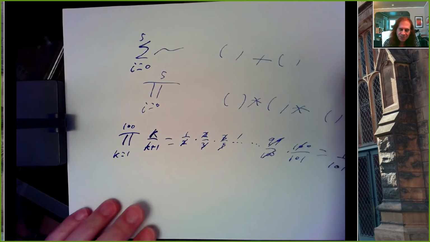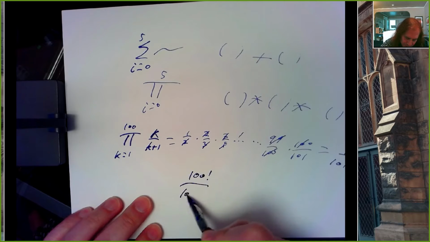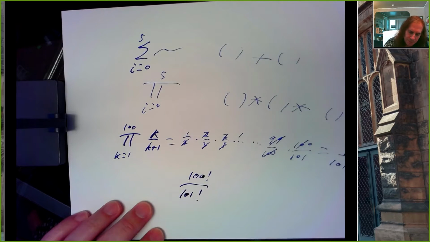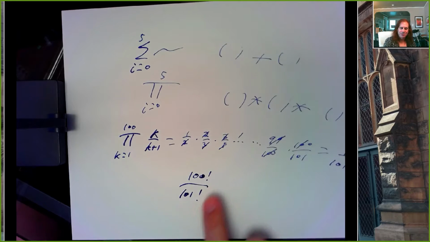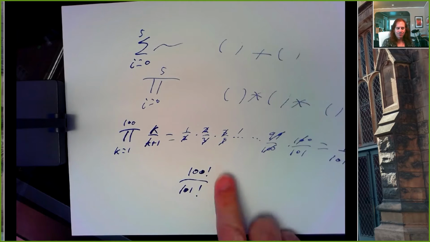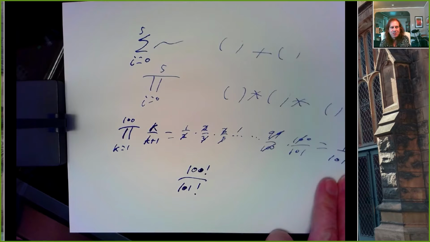You could also write this out as 100 factorial over 101 factorial, if you know and like factorials. But that's a big, huge number, and 101 times bigger than that big, huge number, right? That's a little unwieldy to work with, whereas this is just nice and elegant.